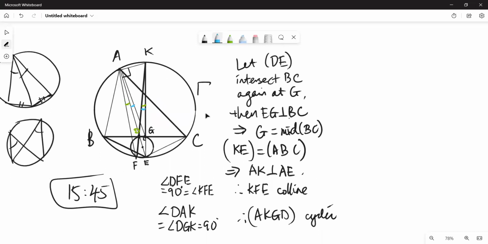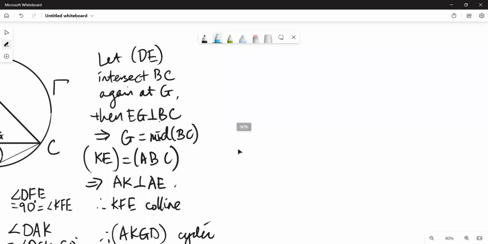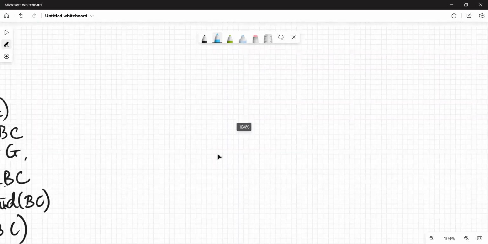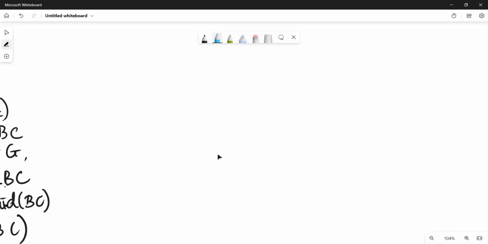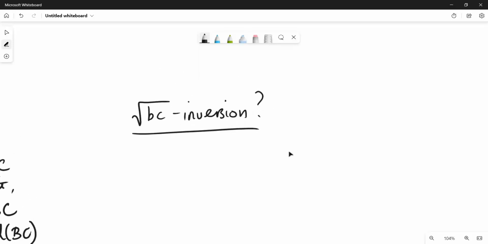Okay, but let's try inversion. And has Nelson in the lecture this morning talked about square root BC inversion? Did he talk about this thing, square root BC inversion?